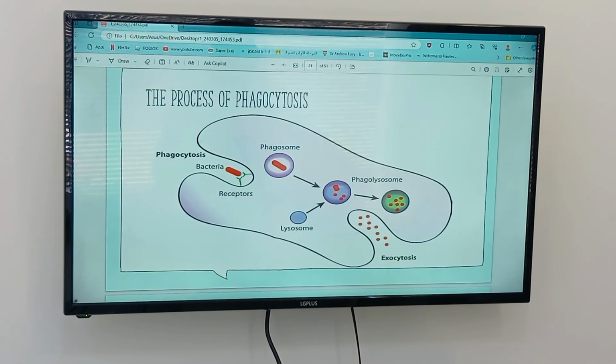Here we can see the process of phagocytes. Look, every bacterium has an antigen factor on the cell membrane of the bacteria.